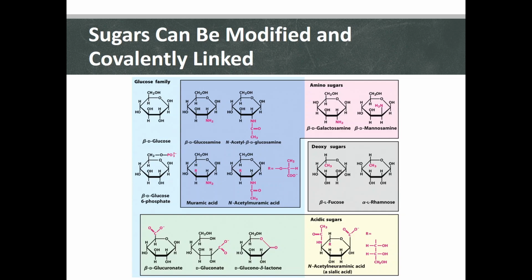So there are a number of different modifications that are possible and usually are made as the need arises. One major example of this is the phosphorylated sugar. Most cells do not have plasma membranes that allow for the transport of phosphorylated sugars. So once you phosphorylate a sugar, the effect is basically the sugar becomes trapped inside of the cell.